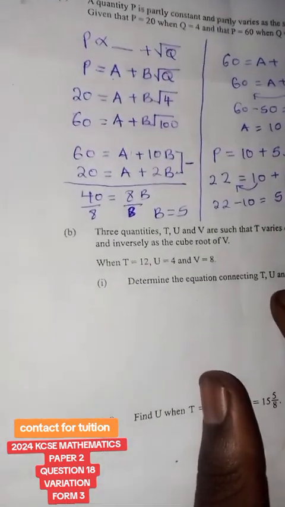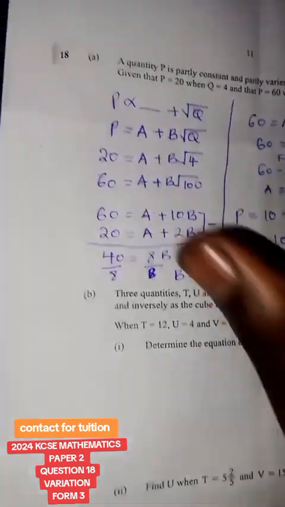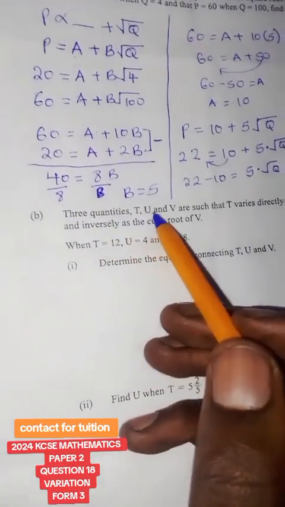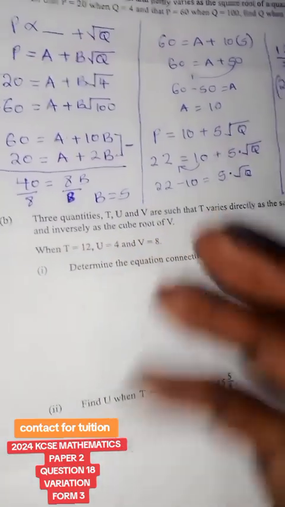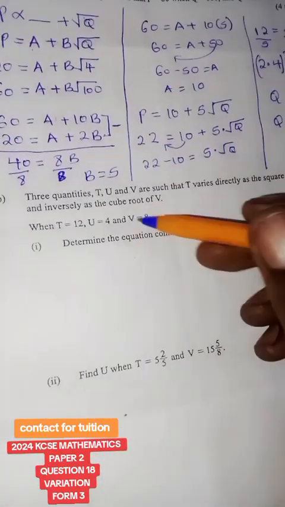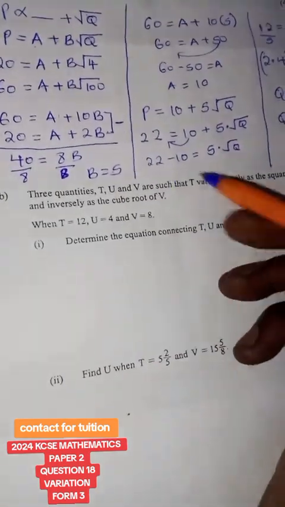Then part B. So this was partial variation. Now look at part B. Three quantities T, U, and V are such that it is a direct variation and also an inverse variation. We call it the joint variation.